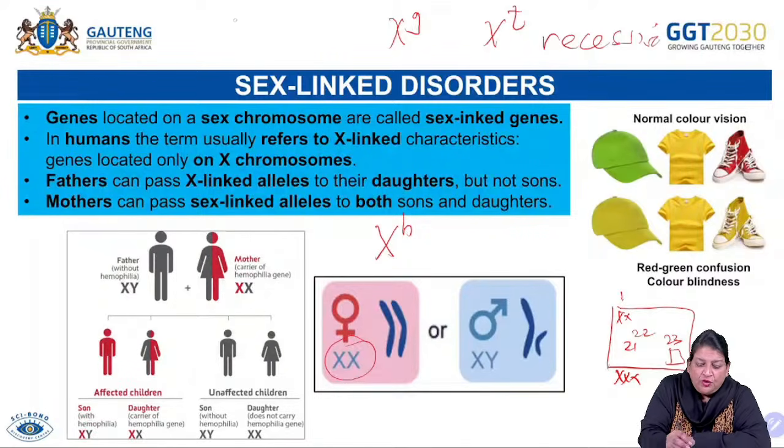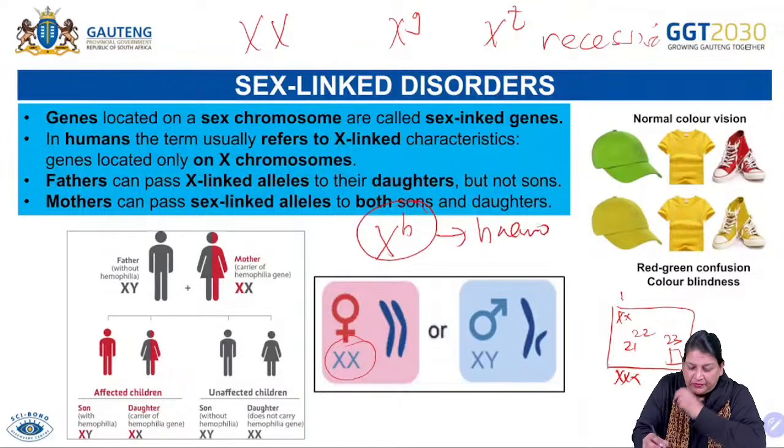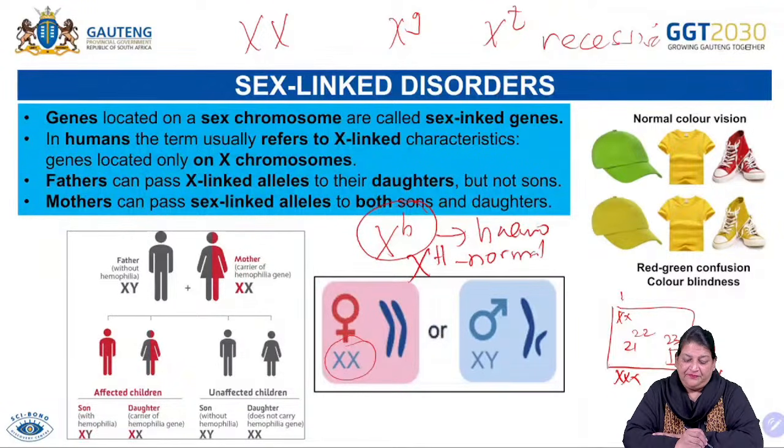Okay, so females are XX. Let's say we're using x to the power small h to denote hemophilia. That means x to the power capital H is going to be normal without hemophilia.